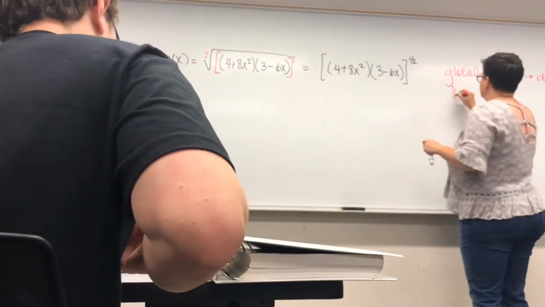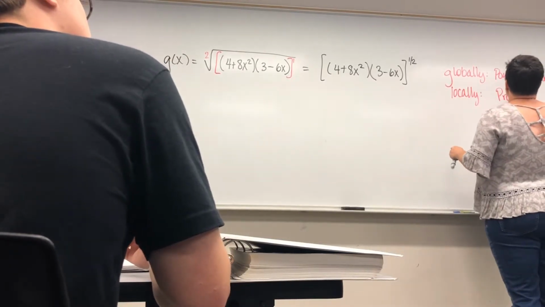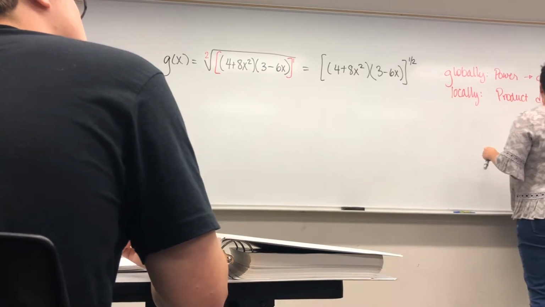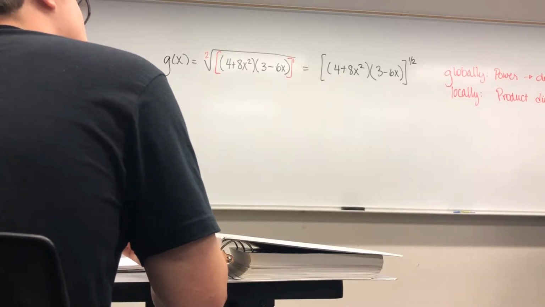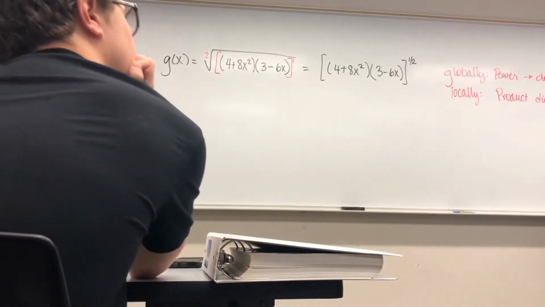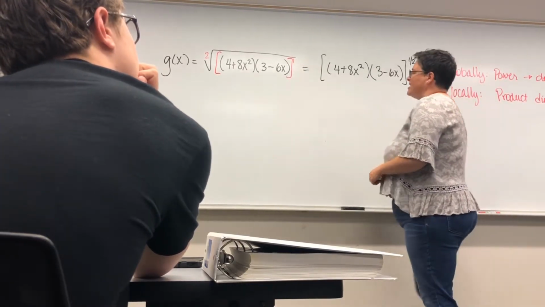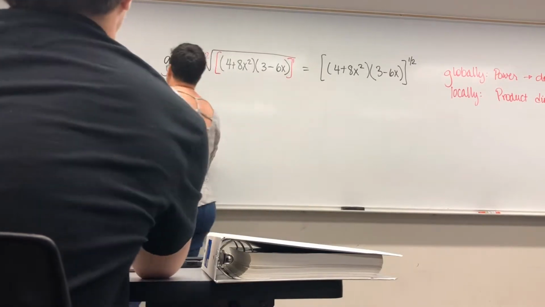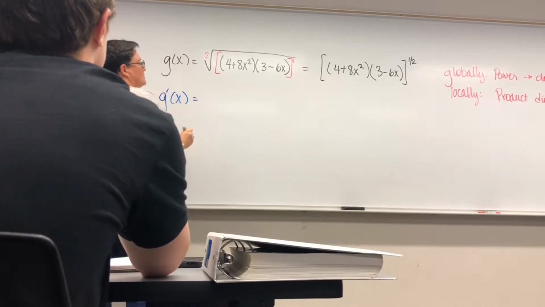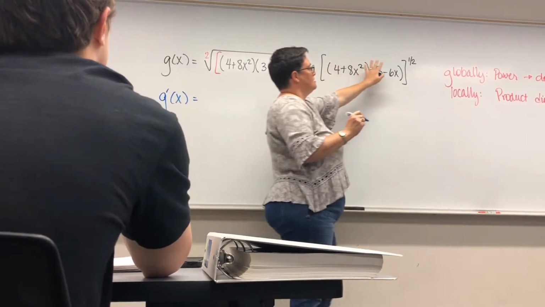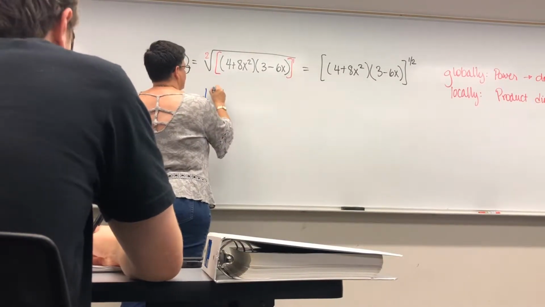And then locally, inside, it's a product, and so d in is literally going to equal u prime v plus u v prime. So let's take the derivative first, and then we'll identify all of our bits. So g prime: let's do the outside. Don't touch the junk, one layer at a time, guys. What's the derivative of the outside? 1/2 junk.